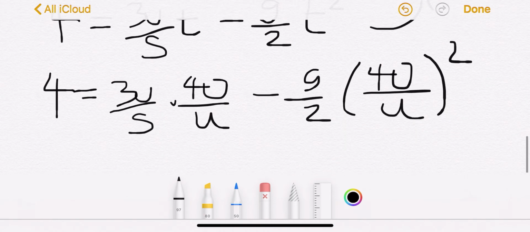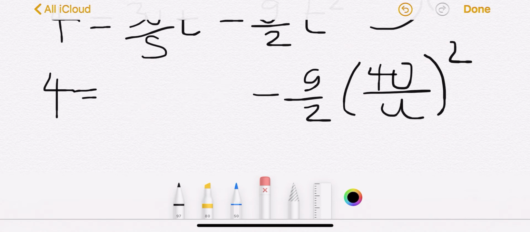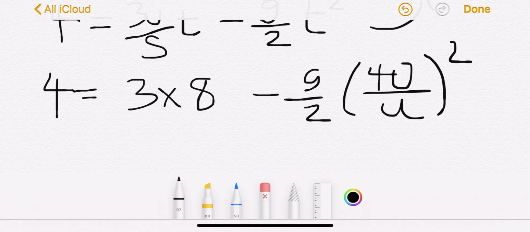Doing a bit of simplifying, we can see that the u's cancel there. 40 divided by 5 is 8, so we get 3 times 8, and we know that 3 times 8 is 24.